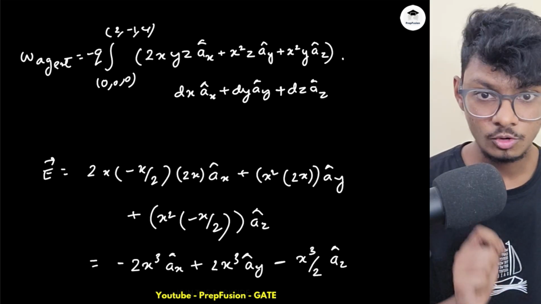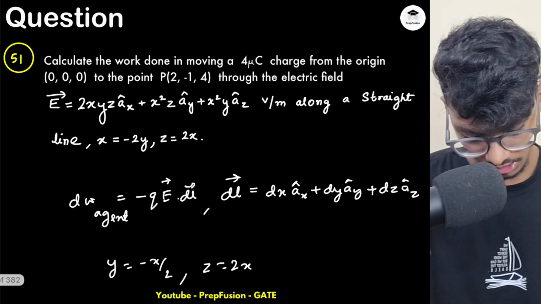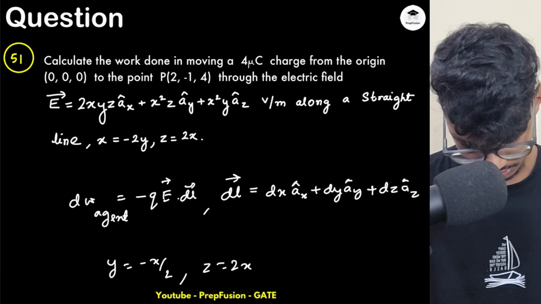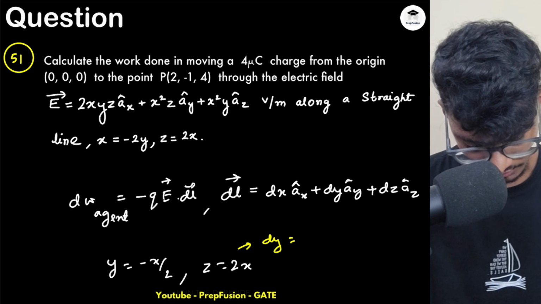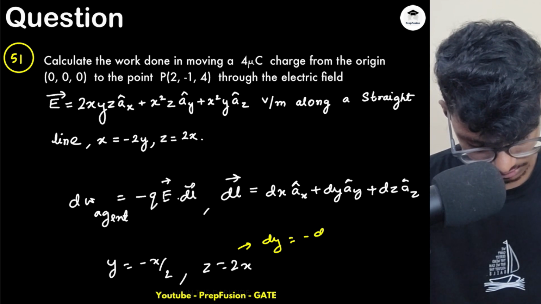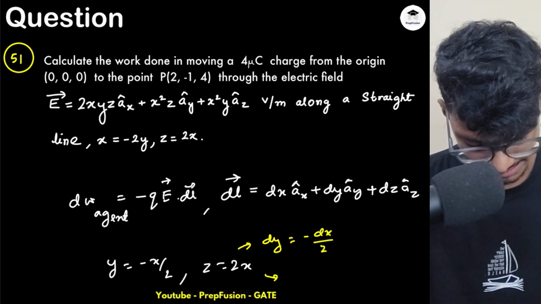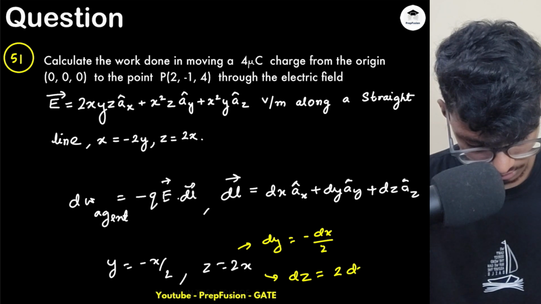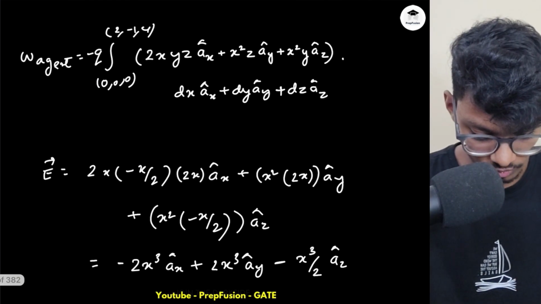From here we also have to identify dx, dy and dz. From this particular thing, dy will be minus dx by 2 and dz will be 2 dx. So all this we have to replace.